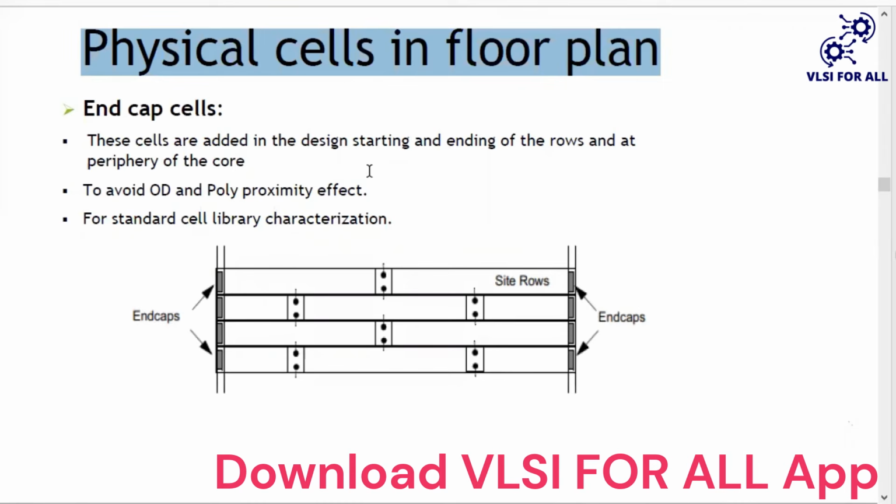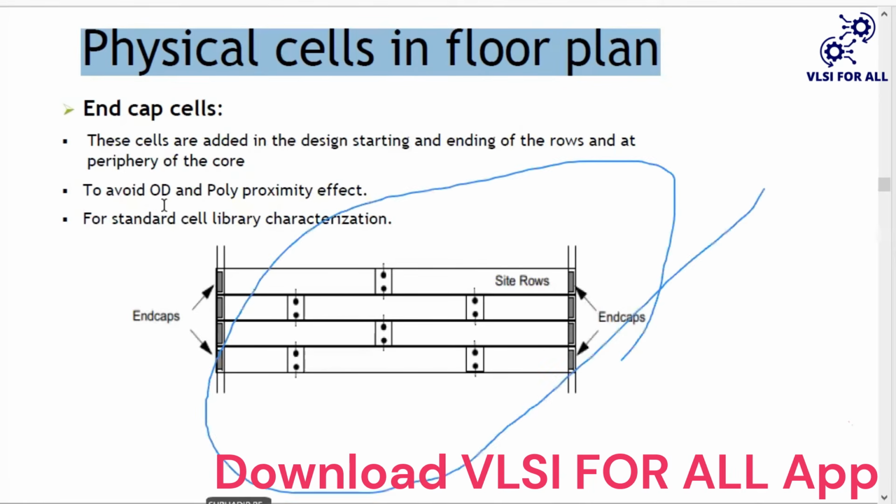But in this periphery, whatever end cap cells are in the design, we can place into our design core area. It will be connecting to the periphery poly and OD. OD is nothing but oxide diode. Oxide diode is available in this area.